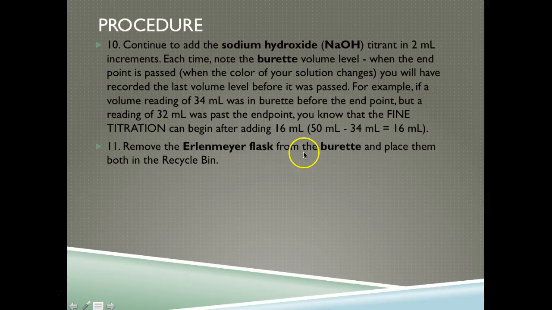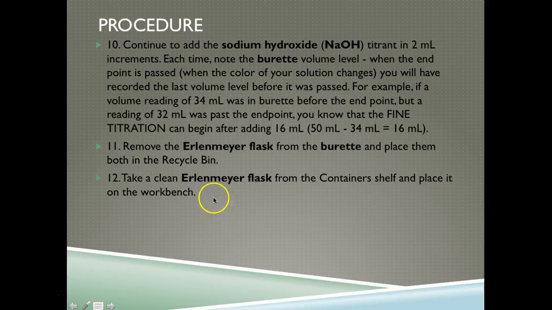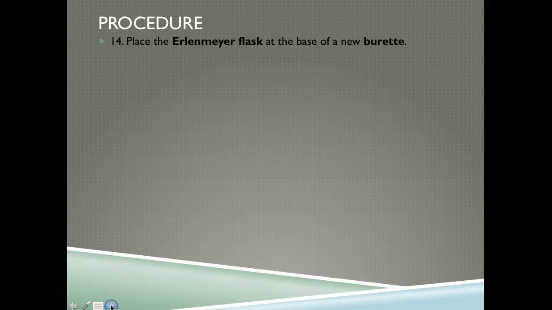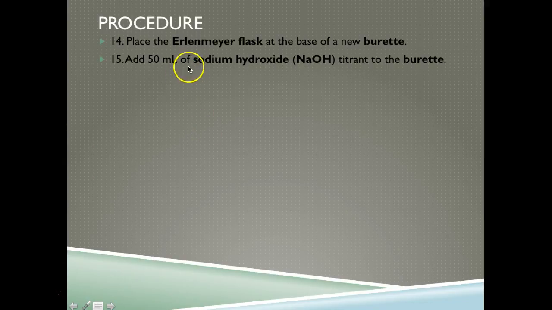Now remove the flask from the burette and then put it in the recycle bin. Now take a clean flask, place it on the workbench, add 10 mL of HCl, 10 mL of water, 2 drops of the indicator, and you are going to place it at the base of that new burette. Again, make sure that that new burette has 50 mL of the sodium hydroxide, okay?